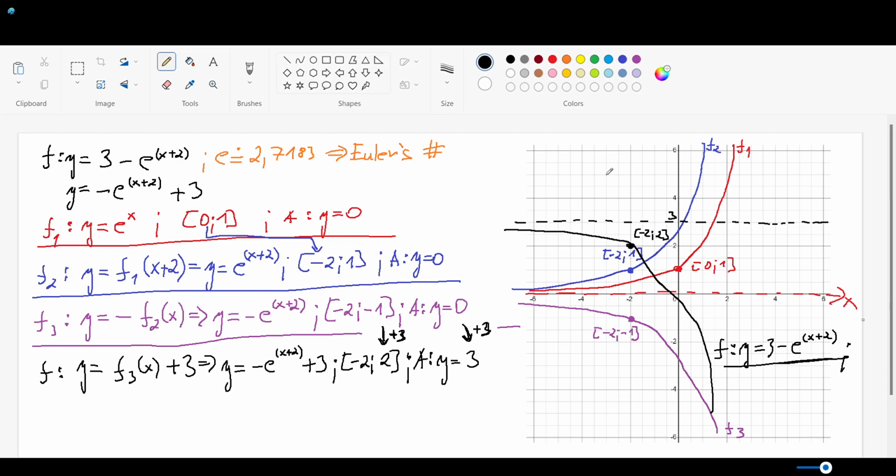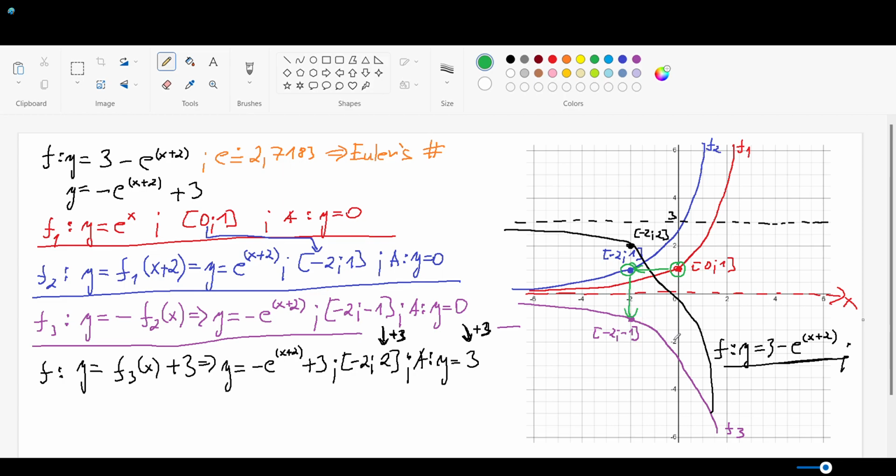Let me show you one more thing so that you realize how my anchor point traveled. This is where my point started its journey. Then we moved it 2 units to the left.